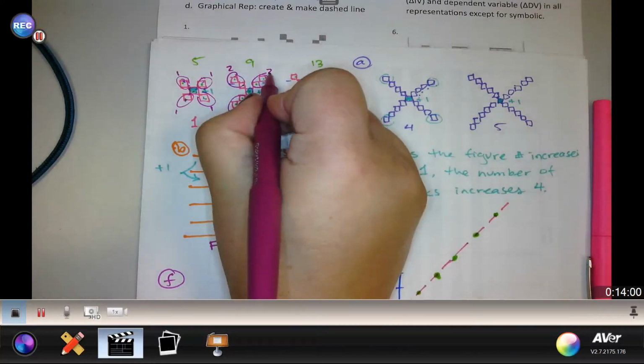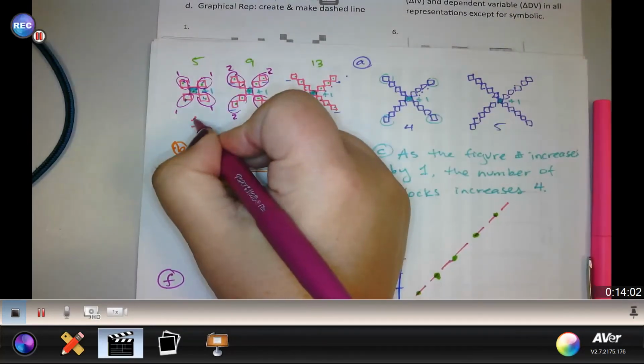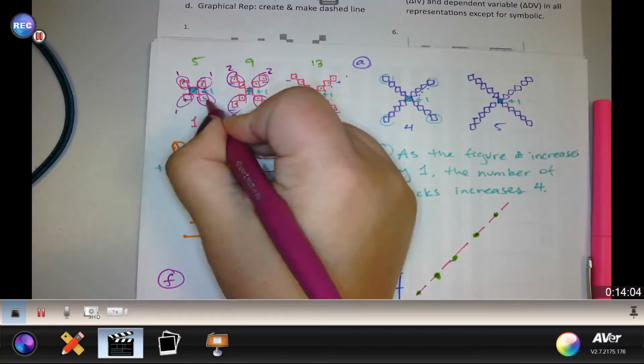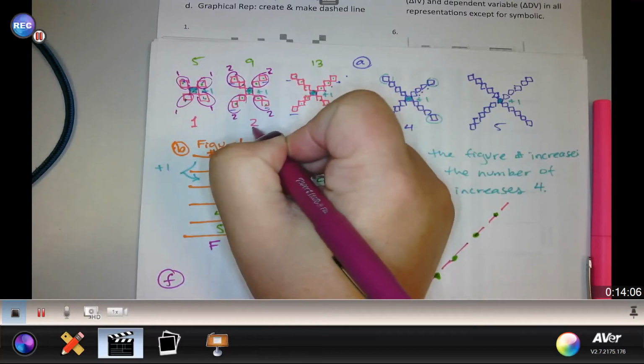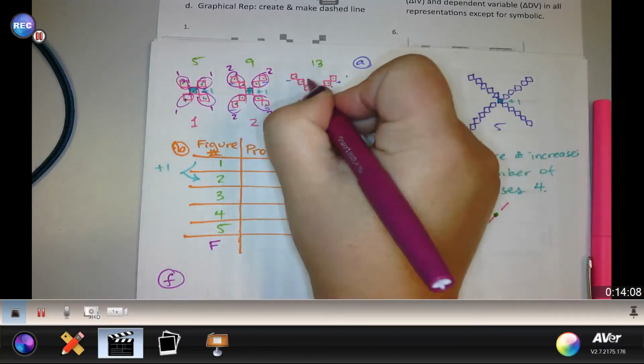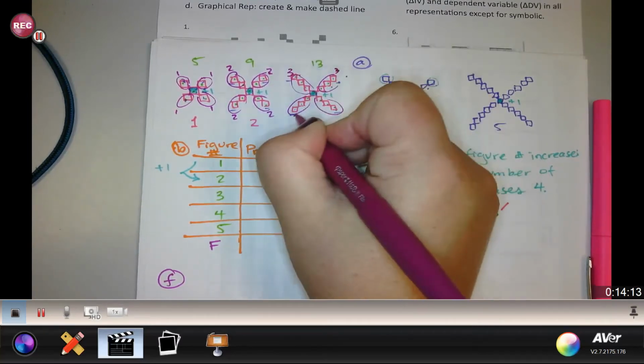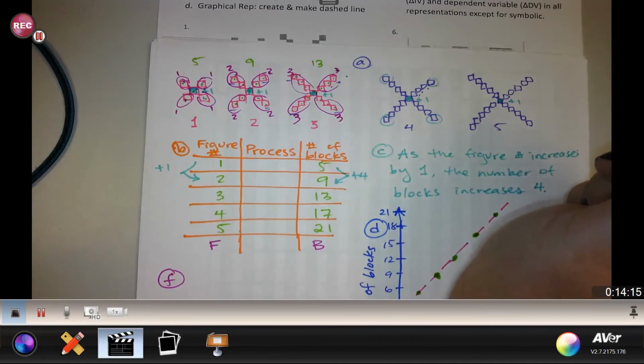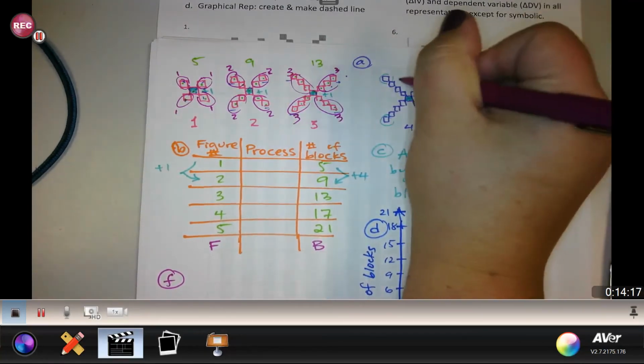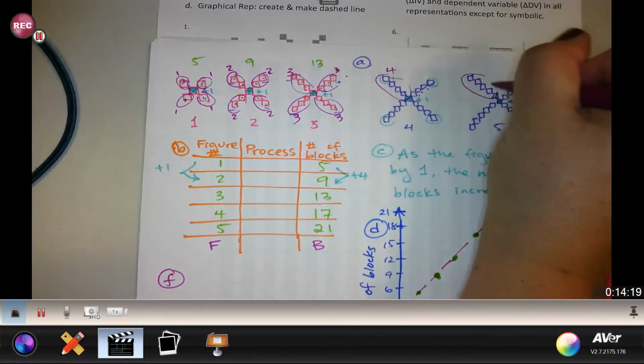So I'm seeing a pattern that I hope continues, because for my first figure, there's 1 block in each of my groups. In my second figure, there are 2 blocks in each of my groups. In my third, wouldn't you know it, 3. I've kind of made flowers, didn't I? And then that continues. In the next one, there's 4, and then the next one, there's 5.